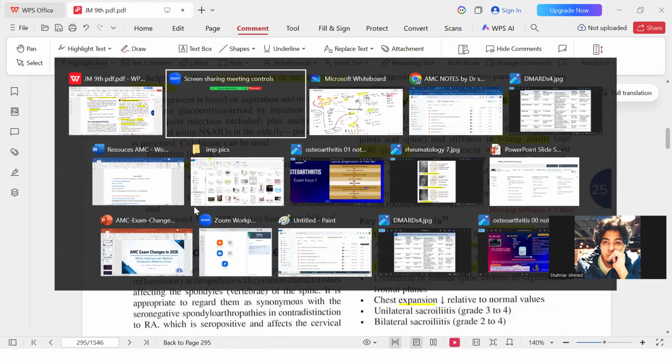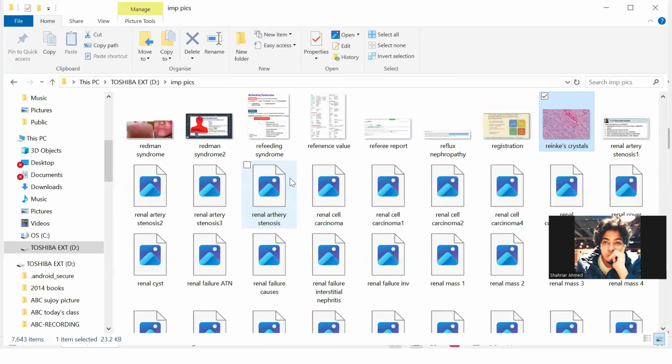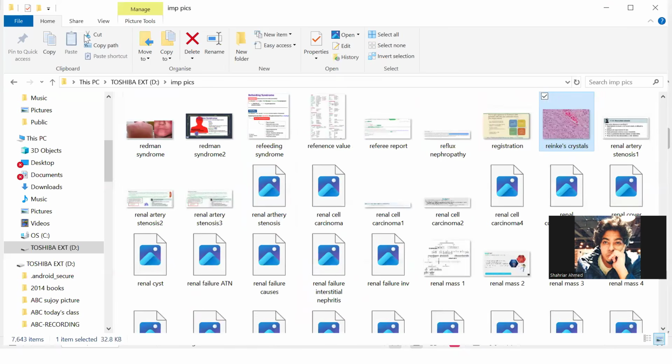Now, what about Reiter's? There's a famous mnemonic for Reiter's. Before I bring it, can anyone tell me that?